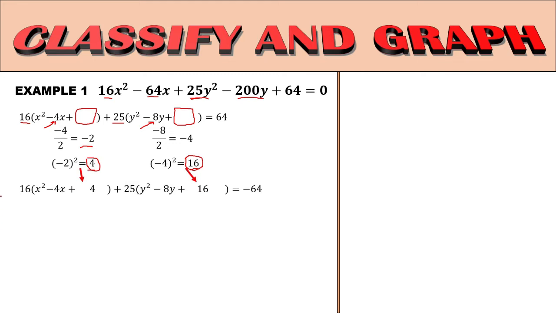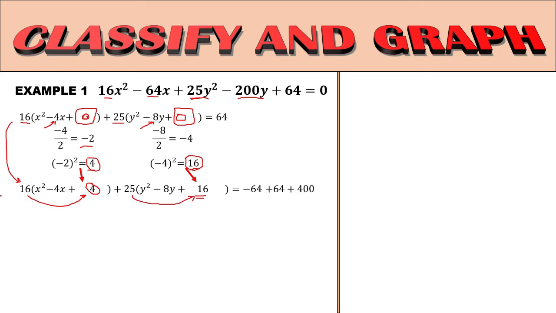Now I add to this equation. Here in this space I'm going to add 4, and here in this space I'm going to add 16. If you add 4 here, really you don't add 4, you add 16 times 4, and here you add 25 times 16.